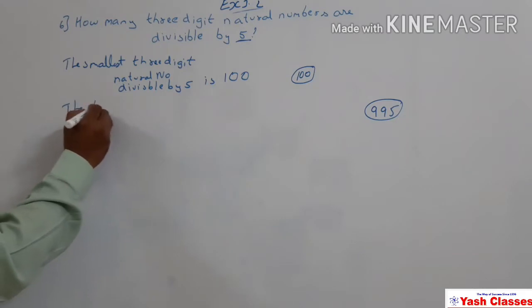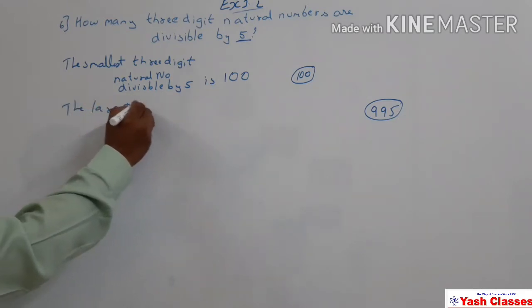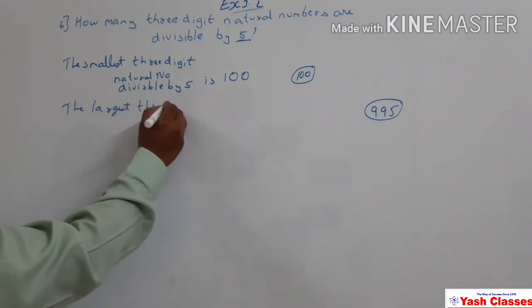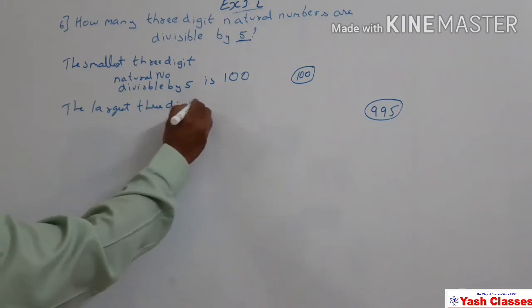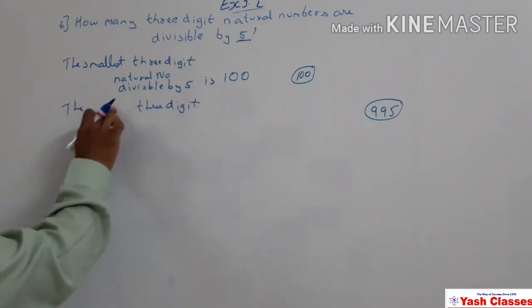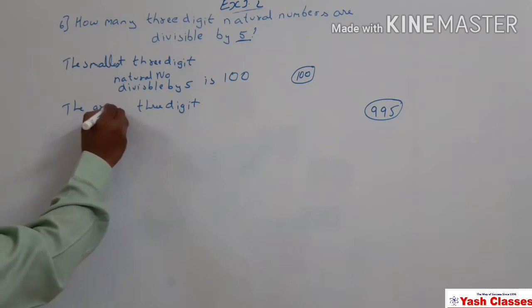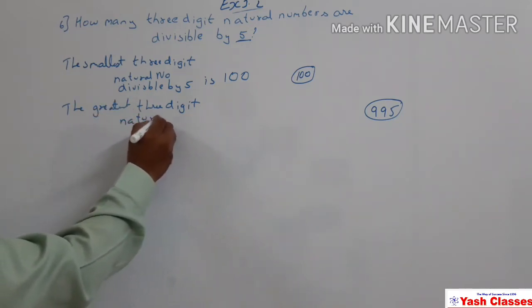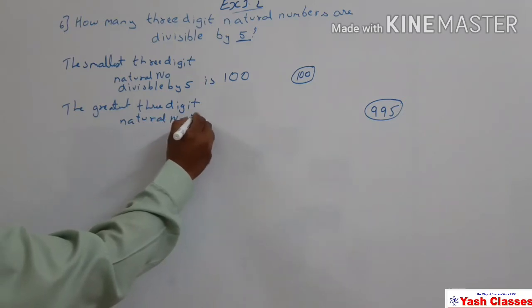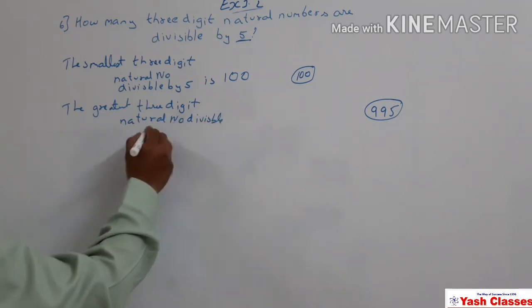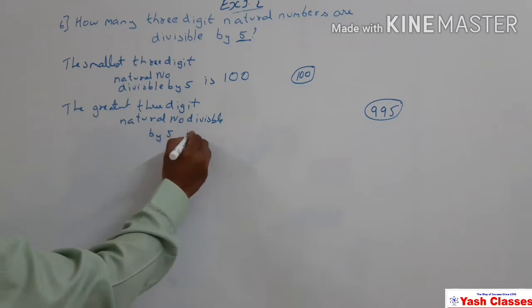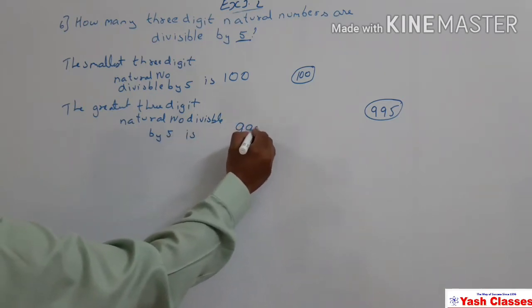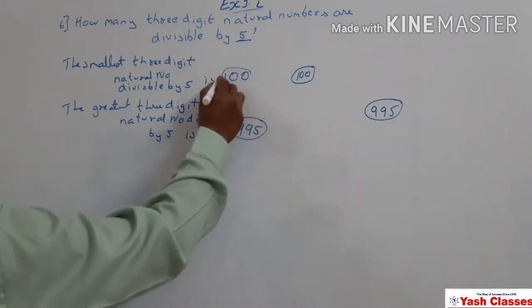The largest 3-digit natural number divisible by 5 is 995. See here, 995 and 100.